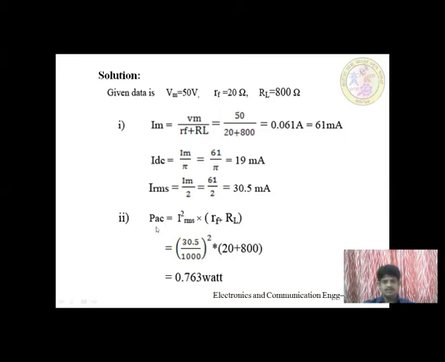Next, we have to calculate the AC power. The AC power equation we already discussed: I square RMS into RF plus RL. So we are going to substitute IRMS.